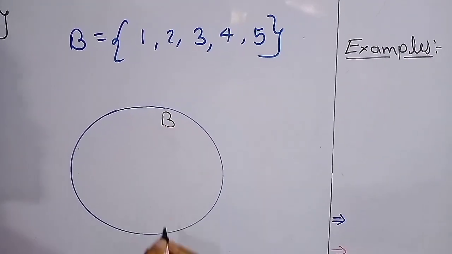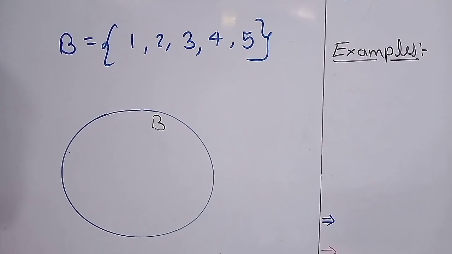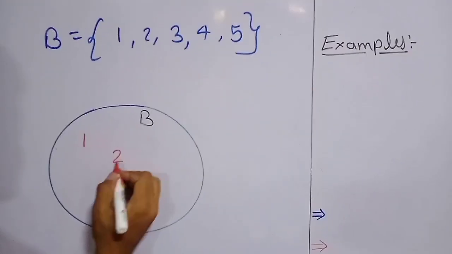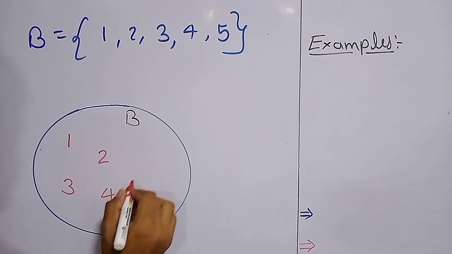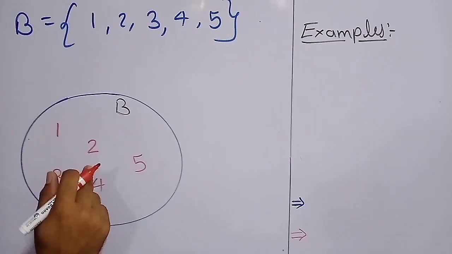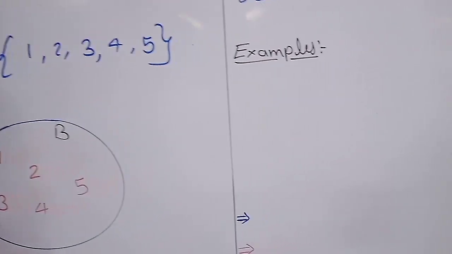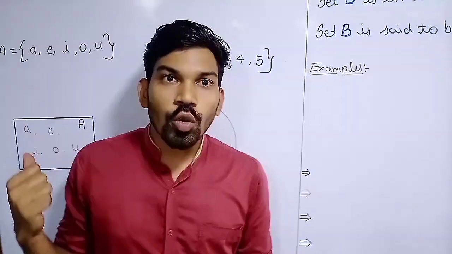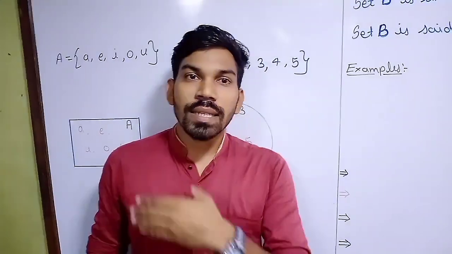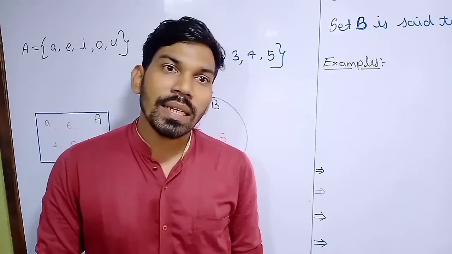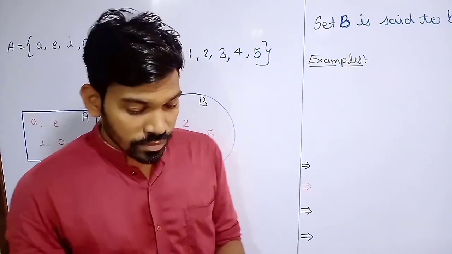First name the diagram, that is B. Then write the elements of the set, 1, 2, 3, 4, 5, anywhere within this diagram. This way we use diagrams to show the given sets. That is called a Venn diagram. We mostly use it to represent the relations between sets.